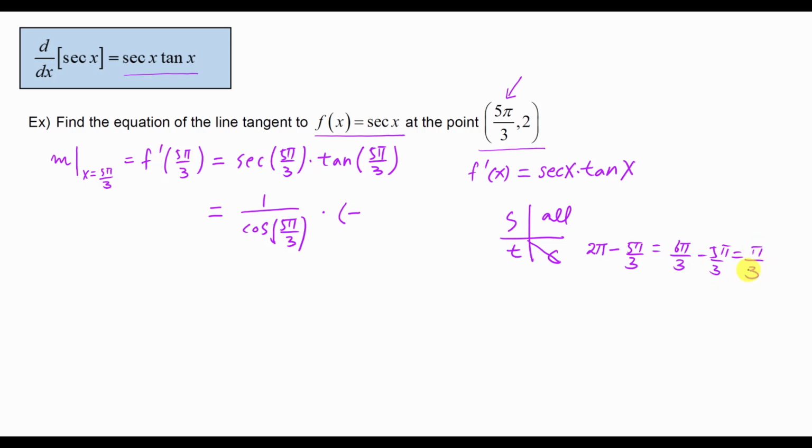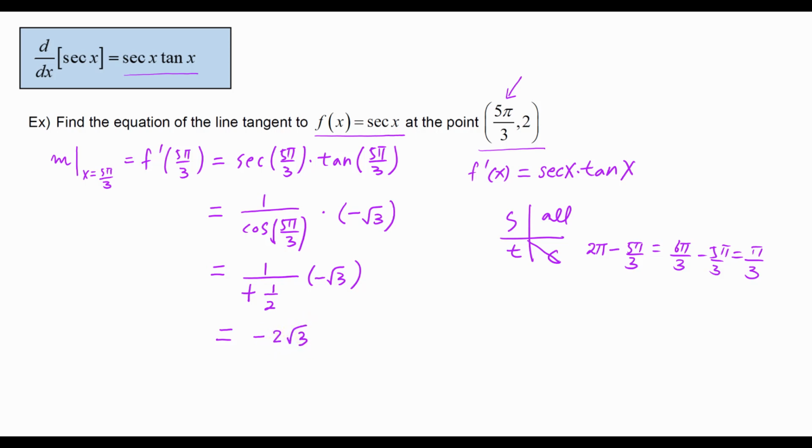So tangent of pi over 3 is radical 3, but we do have a minus already for quadrant 4. And same thing, cosine is positive there, so we know it's gonna be positive. And cosine of pi over 3 is 1/2. And since you did 1 over 1/2, it will be 2. And 2 times negative radical 3 will give you negative 2 radical 3.